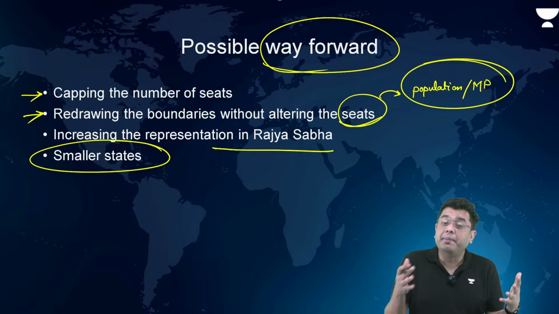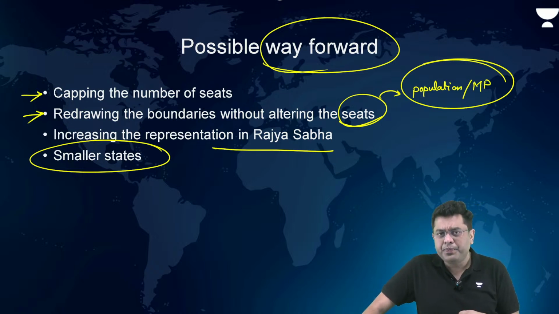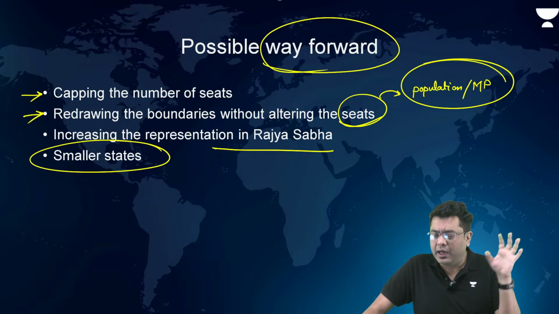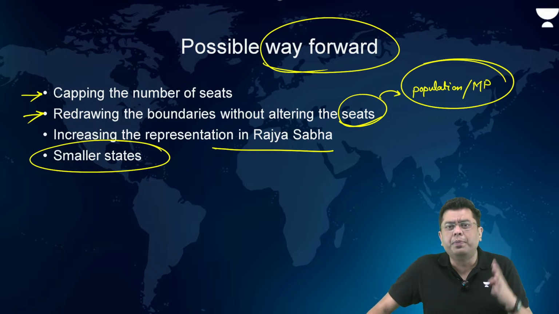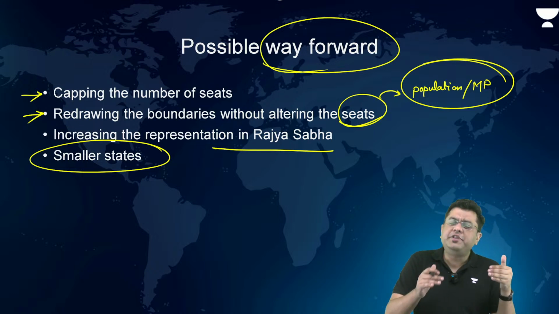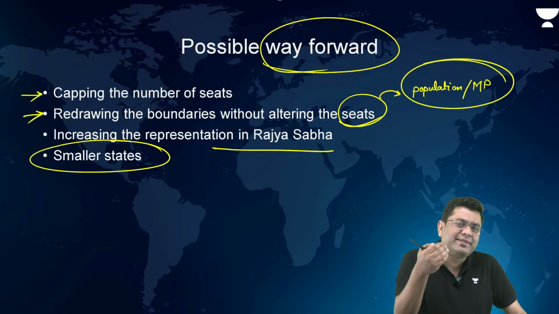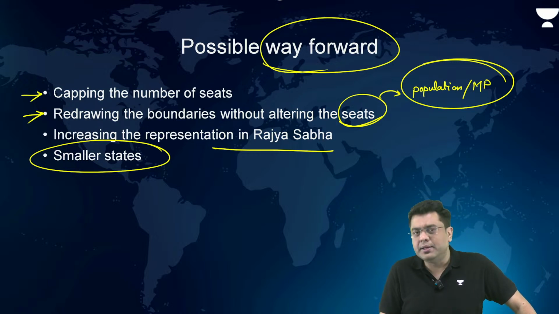Here, when we talk about limiting the number of seats, the example can be taken from the case of the US. In the US, the number of seats has remained the same since around the early 1900s, despite the fact that the population has almost quadrupled. So any of these measures can be taken in order to diffuse this kind of political escalation and the war of words, which is never healthy in the democratic setup that we are in, in order to improve national integrity and national unity and unison for growth.